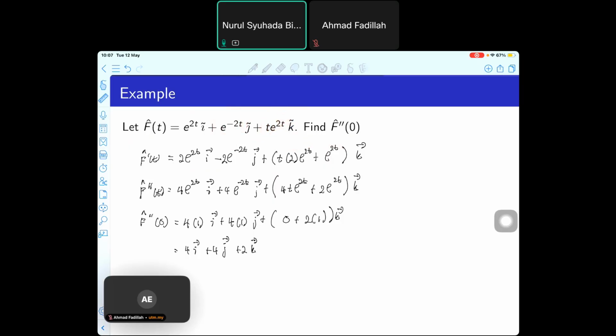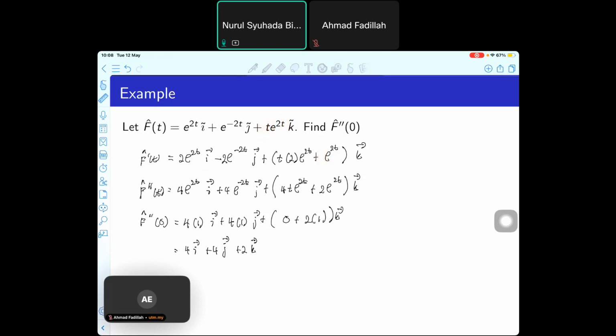Therefore, we need to use the product rule. How do we use the product rule? I copy this t first and differentiate this part. So differentiating e to t gives e to t, and then I copy this one over here and differentiate t. Differentiating t is equal to 1, so no need to write 1 over there.